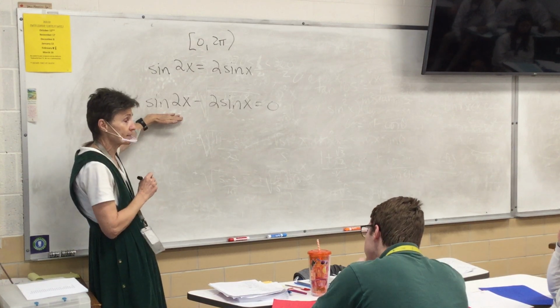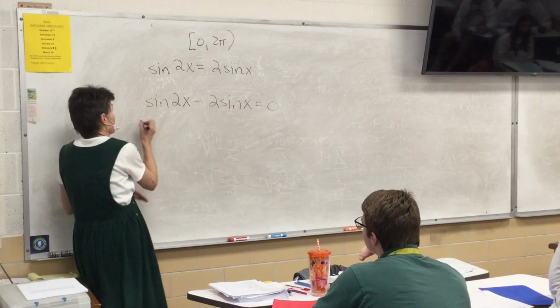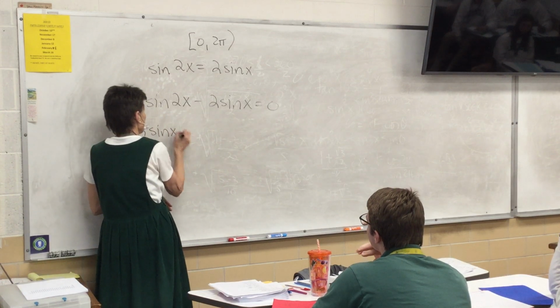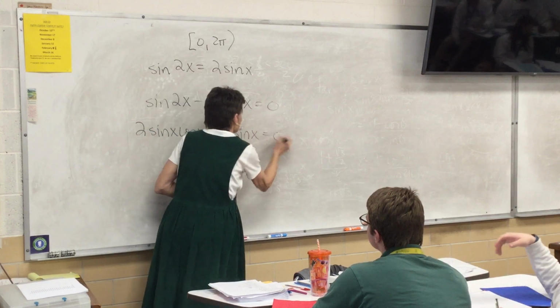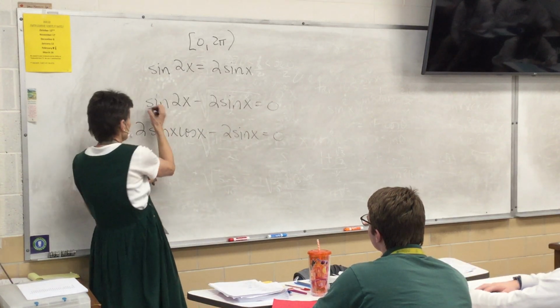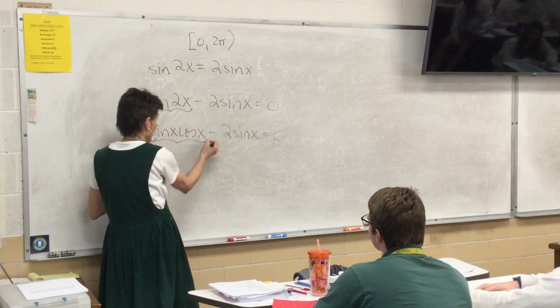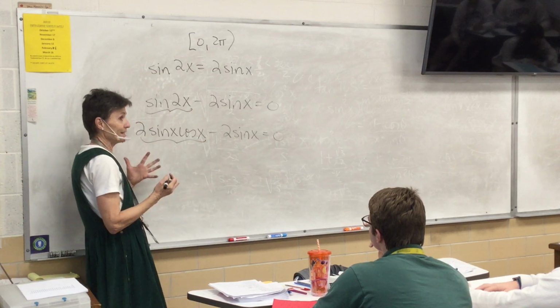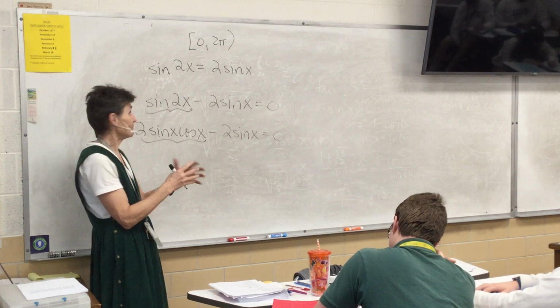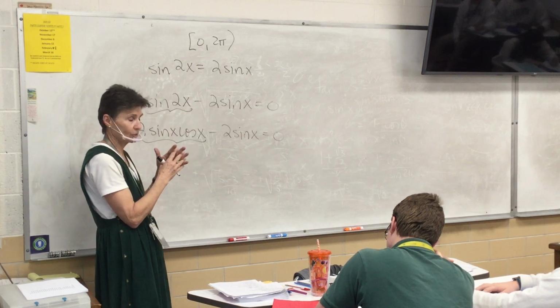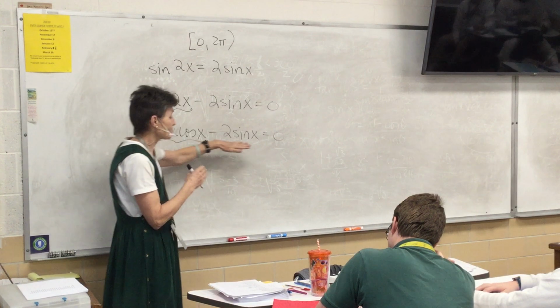What does sine 2x equal? 2 sine cosine. This needs to be replaced with what it is. That gets everything in terms of x. This was 2x, not good. Now everything's in terms of x.